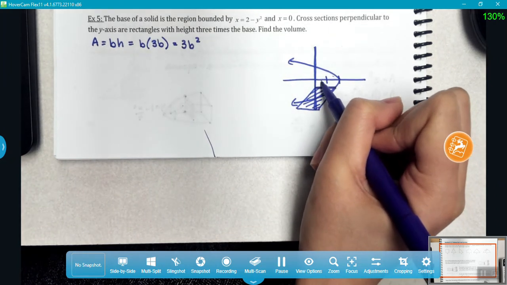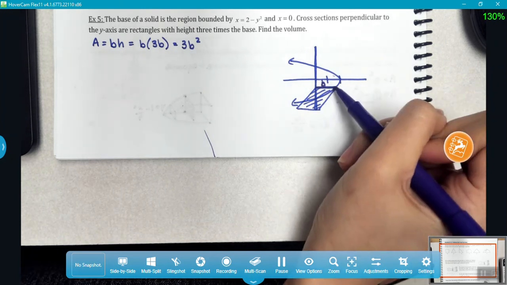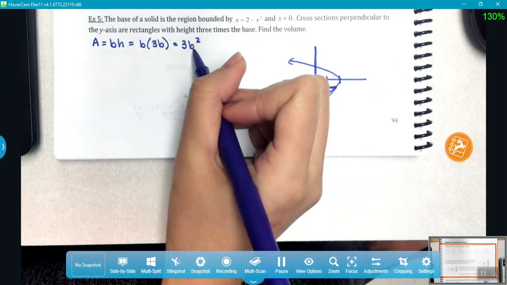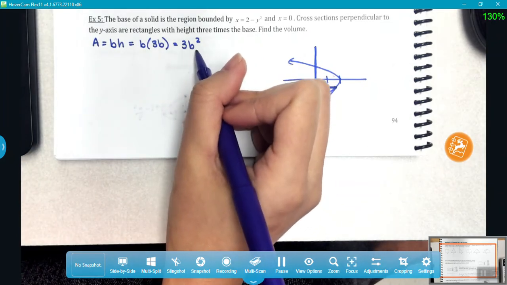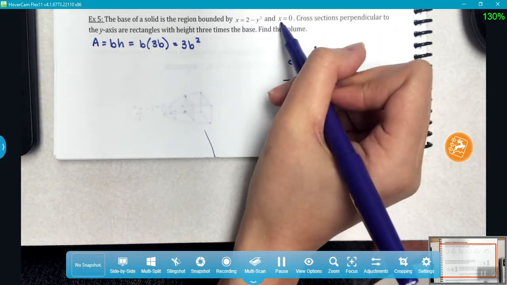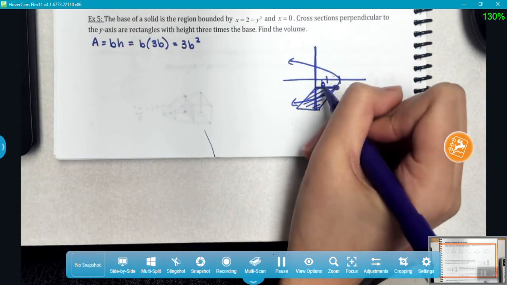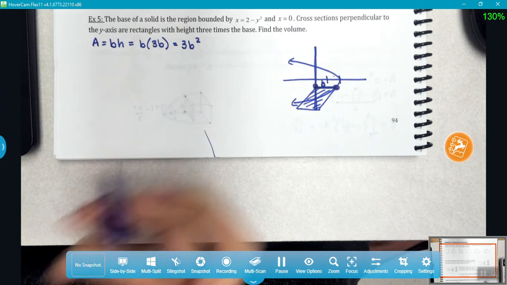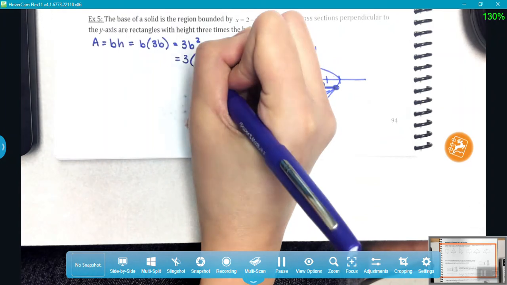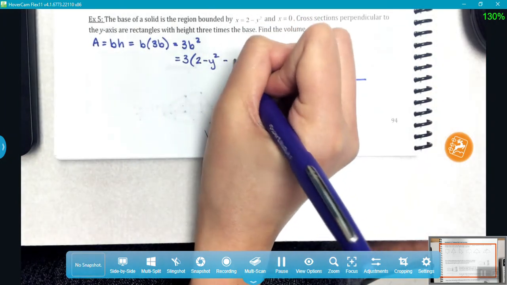I named it S, but maybe we'll name it B. And since I'm going from right to left, instead of x values in here, y values will have to go in here. So both of our equations are in x equals, which is good, that's what we want. And instead of doing top minus bottom, we want to go right minus left. Okay, so the right function is 2 minus y squared, and the left function is 0.